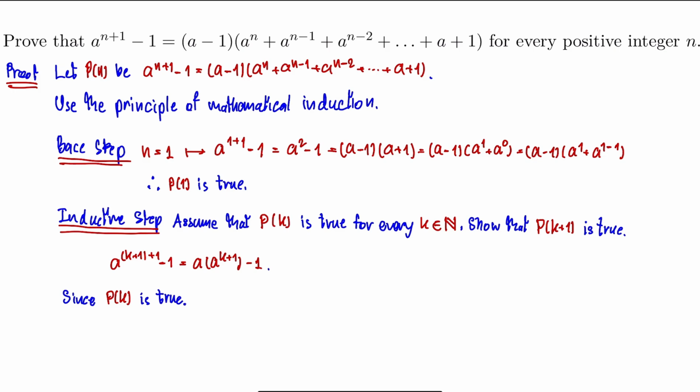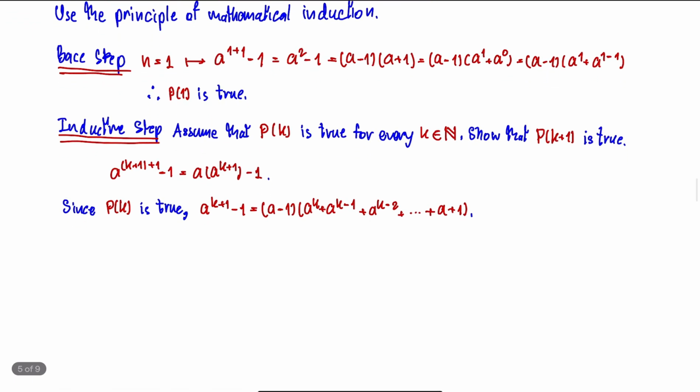Then we've got a to the k plus 1 minus 1 equal to a minus 1 times a to the k plus a to the k minus 1 plus a to the k minus 2, and so on, all the way to a plus 1. Okay, and then we will rewrite a to the k plus 1.